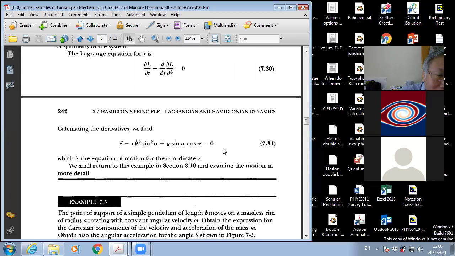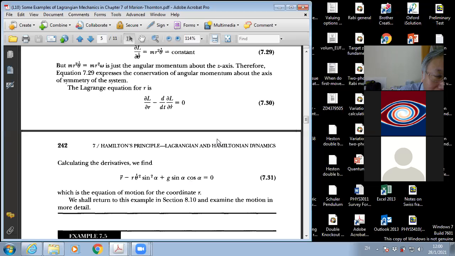Okay. mr squared theta dot is equal to constant. So we can rewrite the second term in equation 7.31 in terms of this conserved quantity, in terms of the angular momentum. All right.